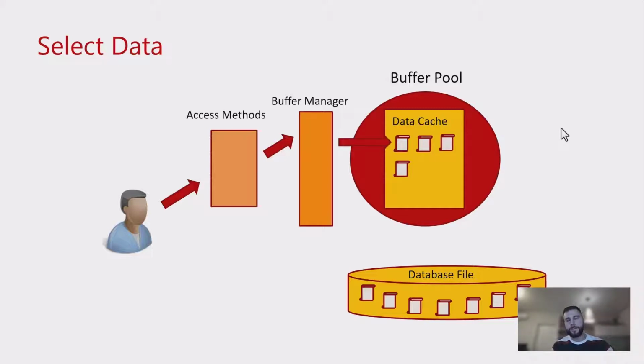If the data is in memory, in the data cache, SQL Server just returns this data. If it's not in the data cache, SQL Server has to fetch this data from disk, from the database file. So it's going to the database file, fetching data to memory, and then returning the data.